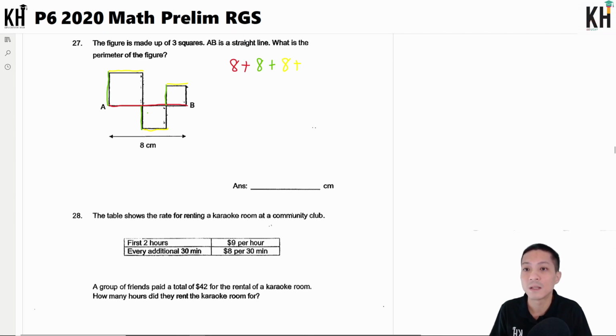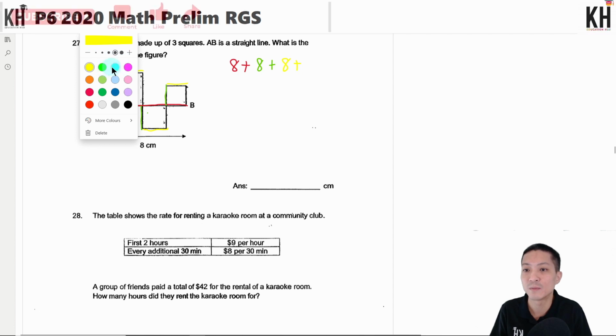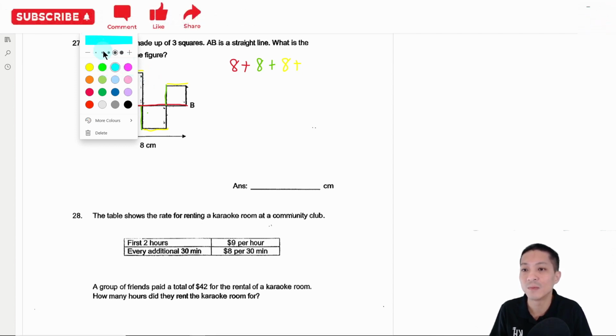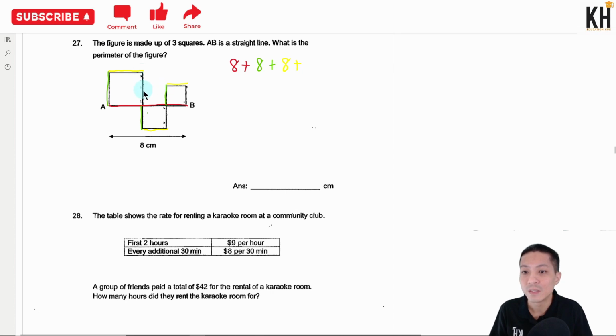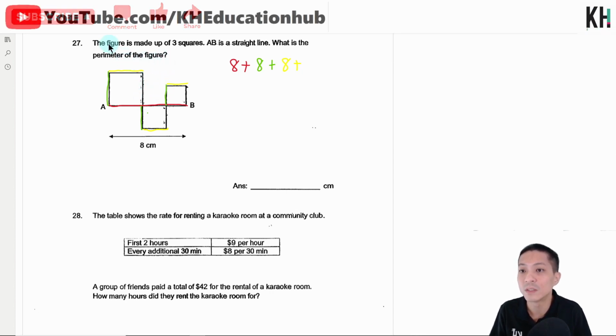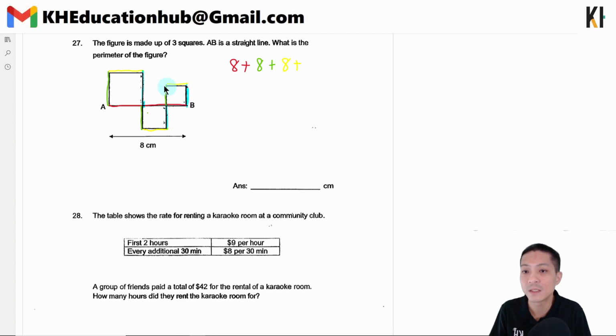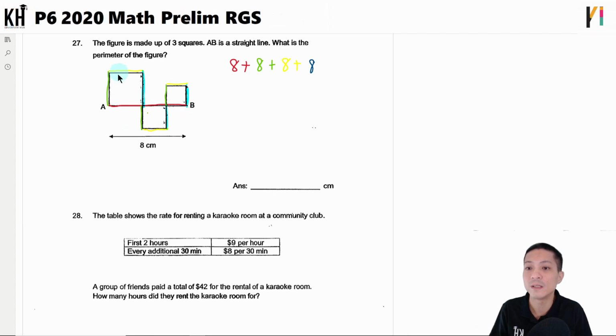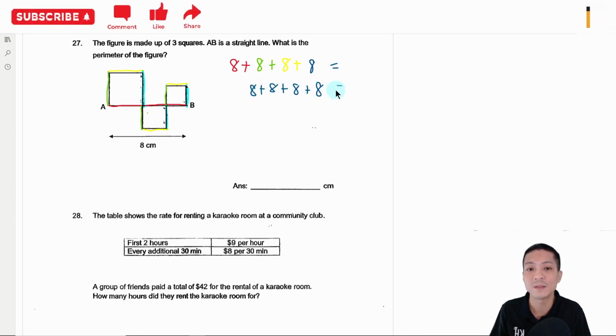And the last color I'm gonna use is highlighter blue. This plus this, plus this, is gonna be another 8. So you can see that I've already covered the perimeter of the figure. So 8 plus 8 plus 8 plus 8 will be 8 times 4, which is 32 centimeters.